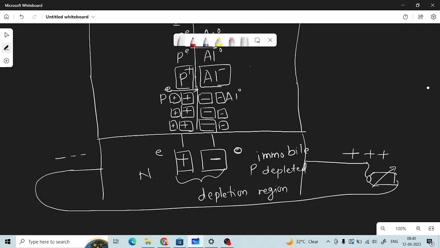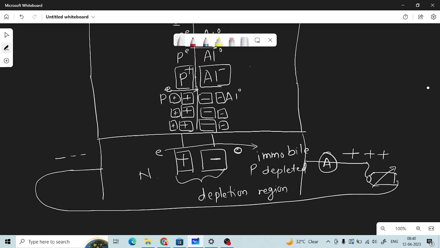When it becomes equal or slightly more, the electron will get attracted. And as the electron moves through the circuit, the current will start flowing. We can add the ammeter here.